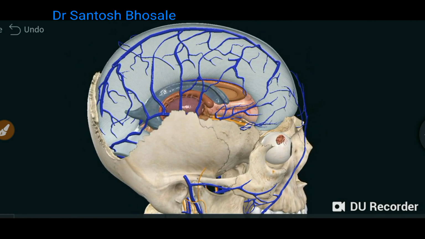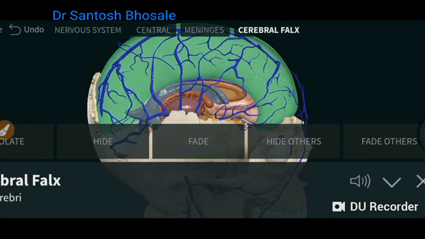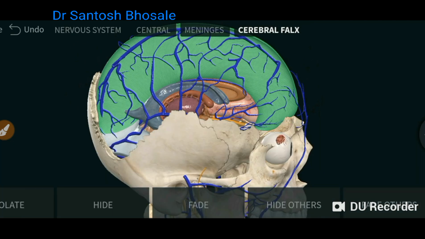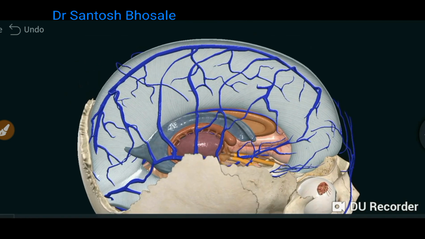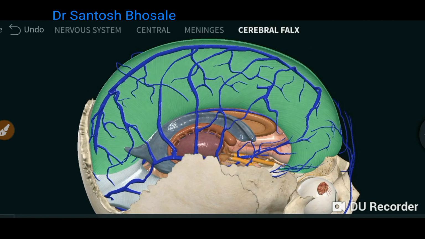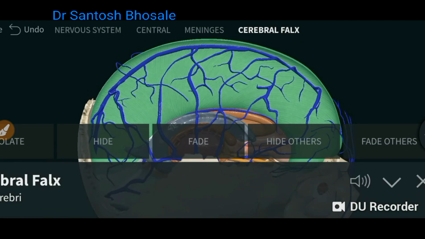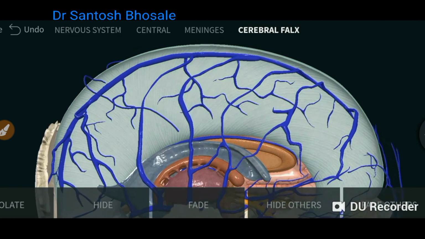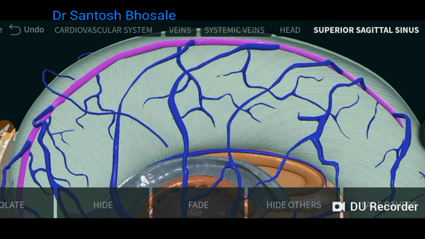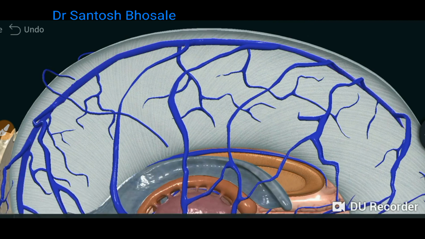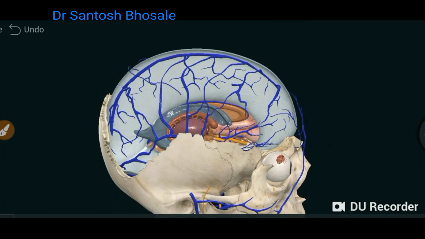the superior sagittal sinus draining the superficial cerebral veins. So superior sagittal sinus lies within the convex attached margin of the falx cerebri. It begins at the crista galli and ends at the junction between the falx cerebri and tentorium cerebelli, where it will continue usually as a right transverse sinus. Sometimes it's bifurcated into right and left transverse sinus, but usually it will continue as a right transverse.